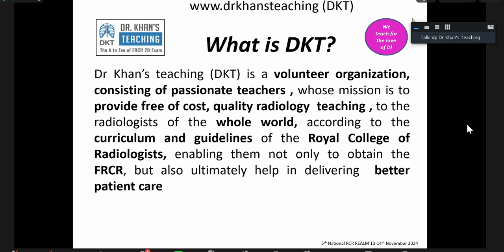Dr. Khan's teaching is a volunteer organization consisting of passionate teachers whose mission is to provide free of cost, note this word, free of cost, quality radiology teaching to the radiologists of the whole world, according to the curriculum and guidelines of the Royal College of Radiologists, enabling them not only to obtain FRCR, but also ultimately help in delivering better patient care.